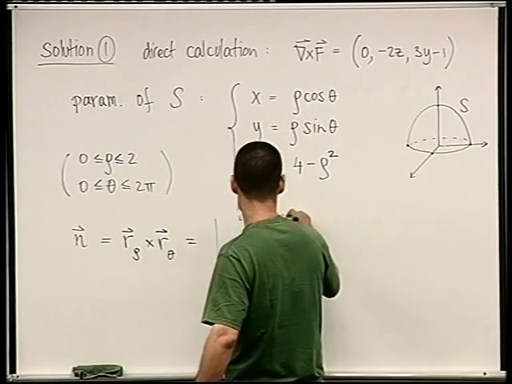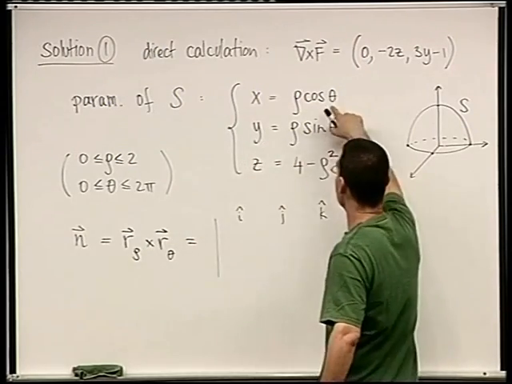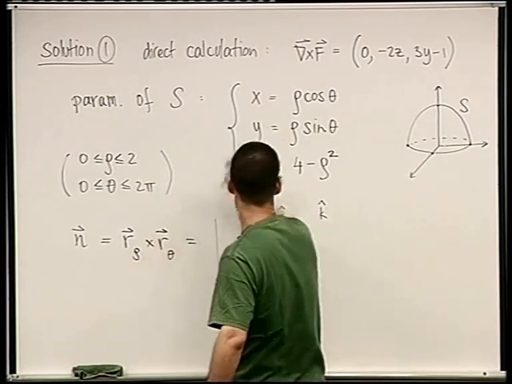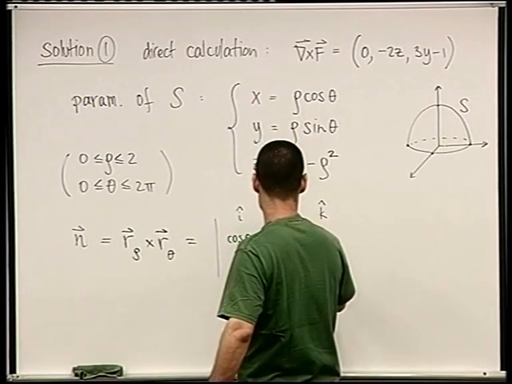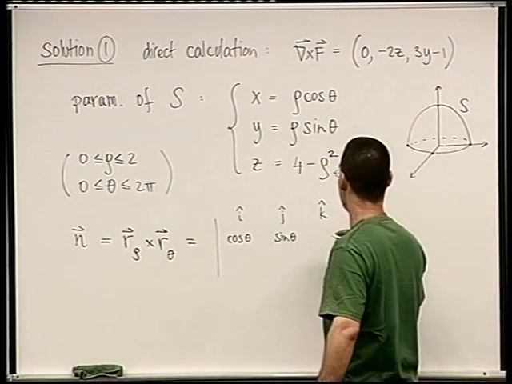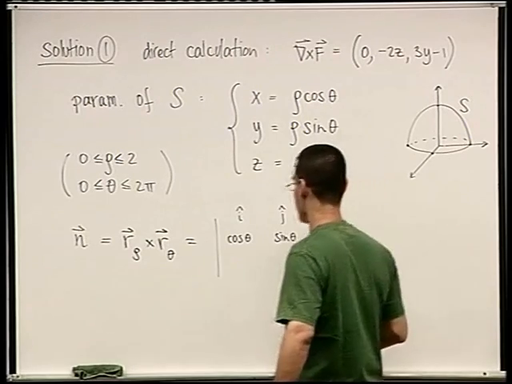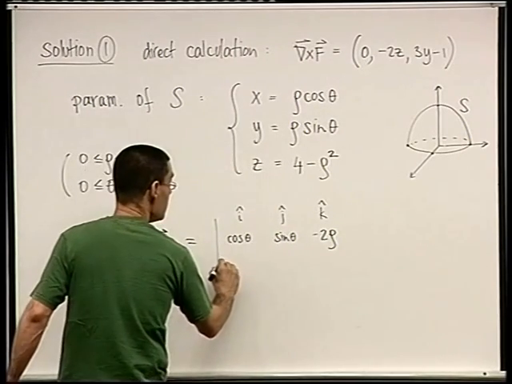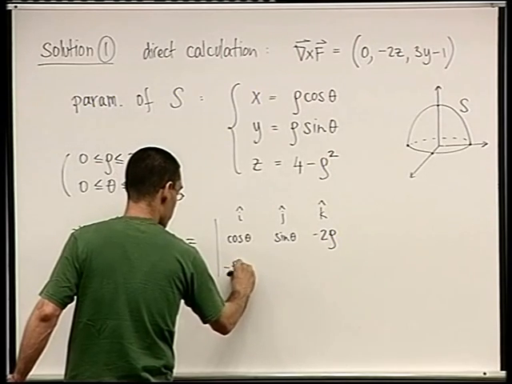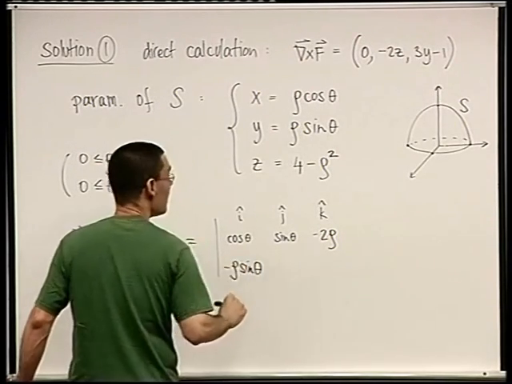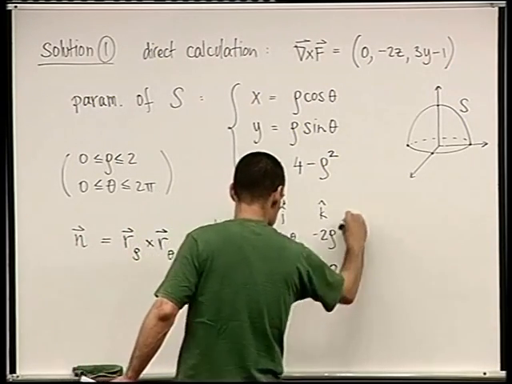So it's i, j, k, and then the components. r rho is cosine theta, sine theta, minus 2 rho. And r theta is minus rho sine theta, rho cosine theta, and 0.